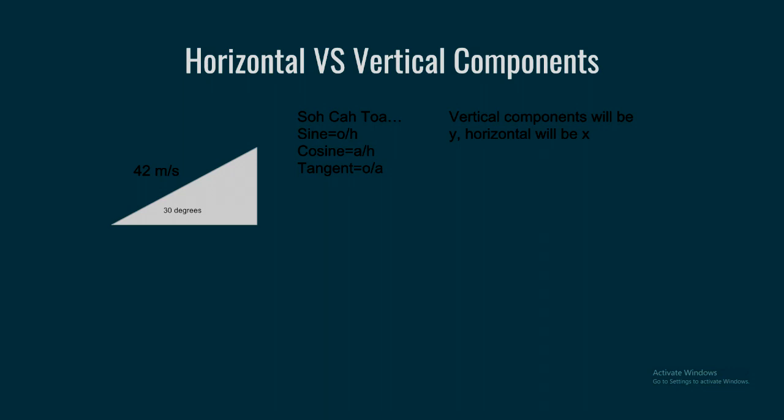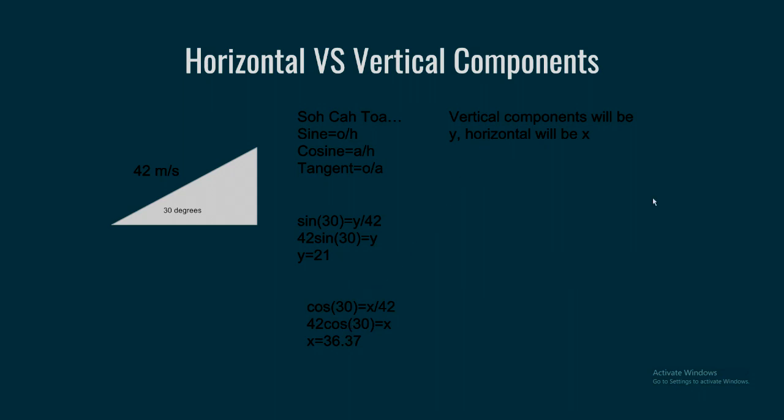So vertical components will be y and horizontal will be x. So this one's our vertical right here since it's y. And the reason you use sine is because sine is opposite over hypotenuse, and we're trying to find the opposite side from the angle. And it's the other way for the horizontal.